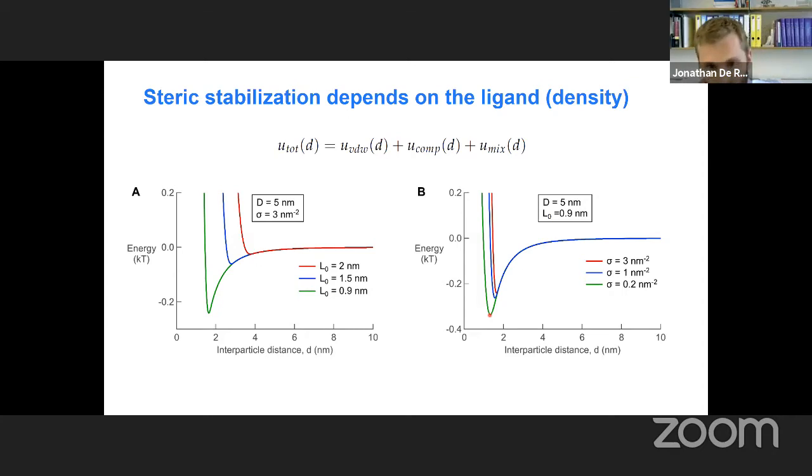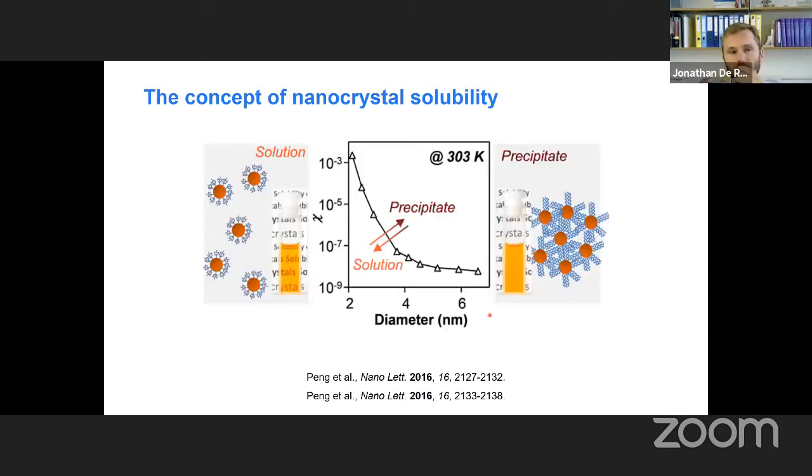But then Jia Peng published some very interesting work in 2016 talking about nanocrystals as soluble species. So then we were not talking anymore about a kinetic stabilization of a colloid that was not in thermodynamic equilibrium.